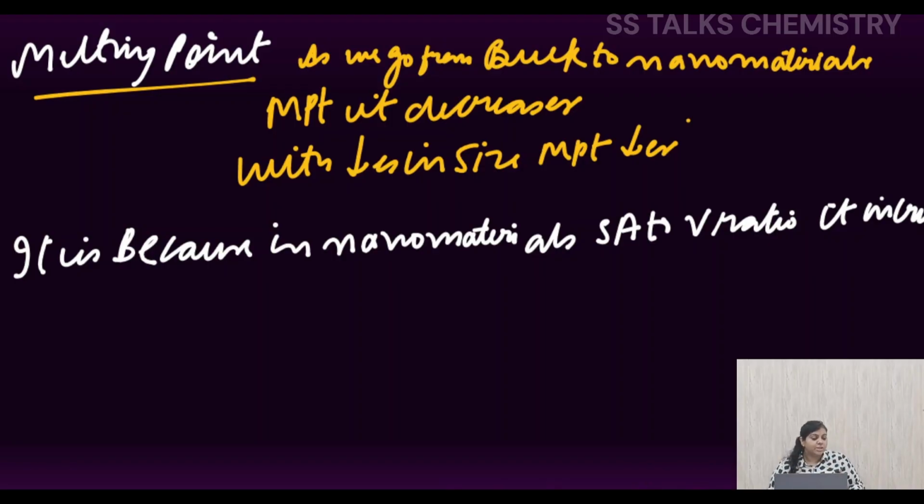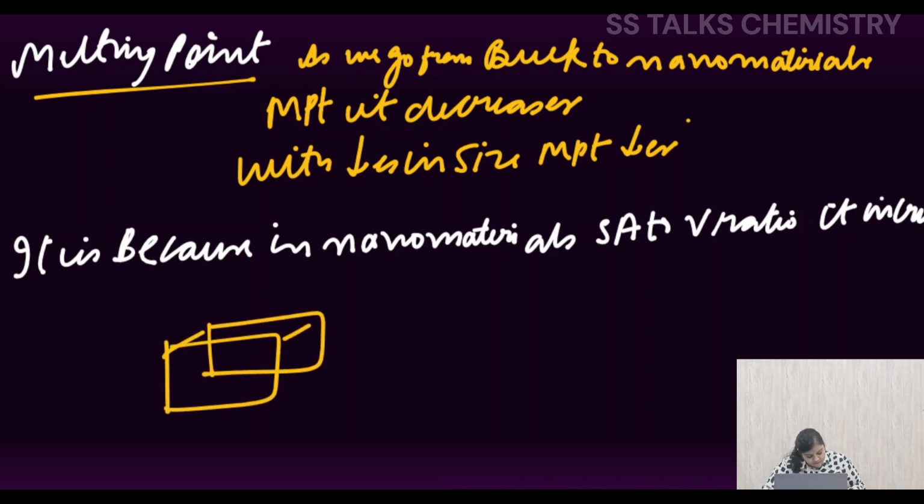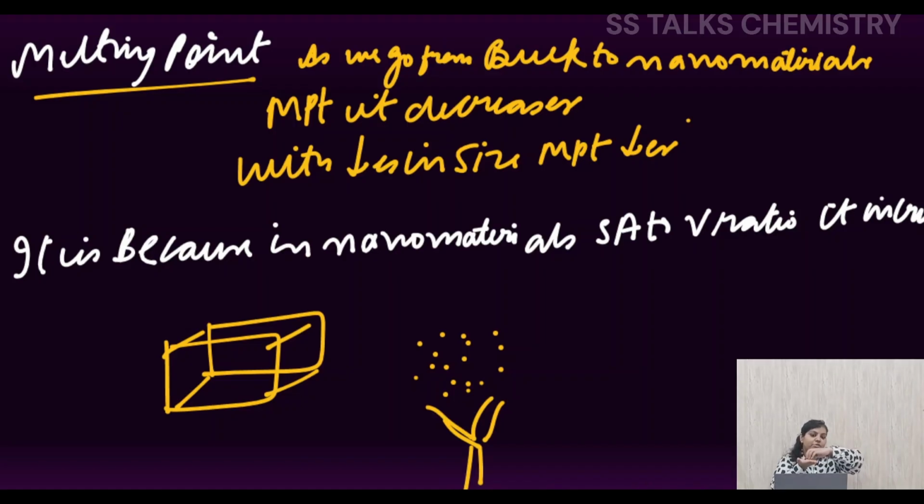Whereas if you take the nanomaterials, which are small species, this is the big block of the species that I am having, and this is the small material. So there is more surface area to volume ratio in the nanomaterials. So these species will absorb more heat, because with more surface area, a large number of areas are available which can absorb more heat.